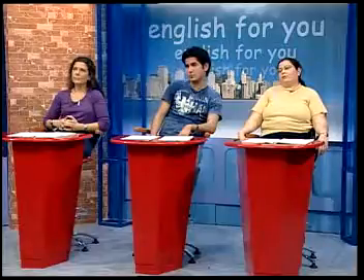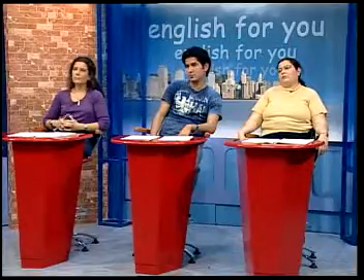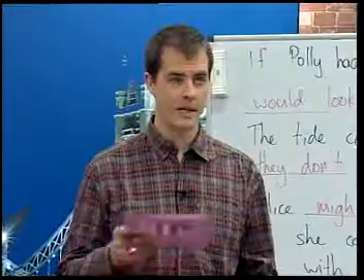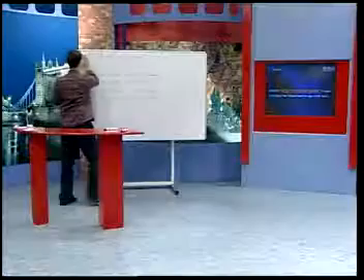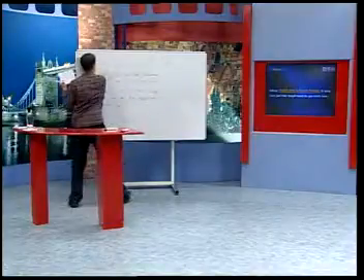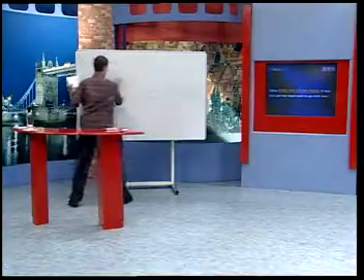Let's do one more exercise using imaginary conditionals. I'll give you a sentence with a mistake, and please correct the mistakes in each sentence. Monica, again, we'll let you go first. So, the first sentence will be with the mistake.